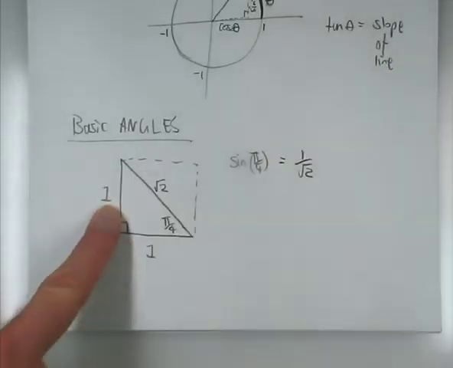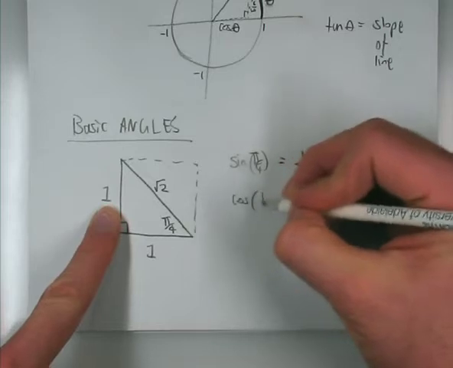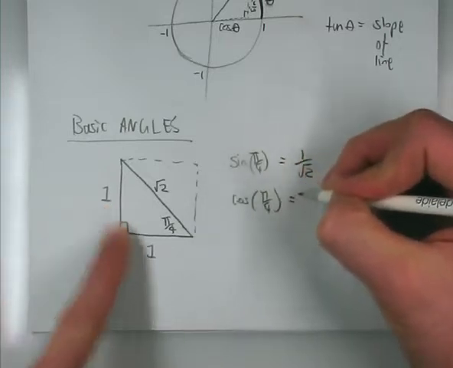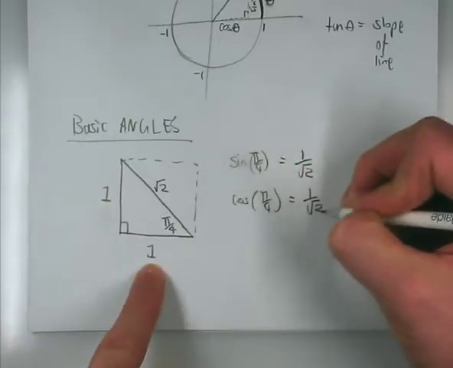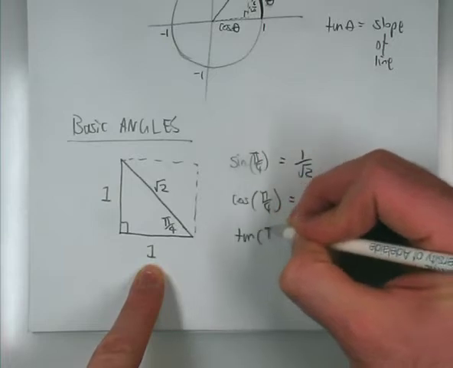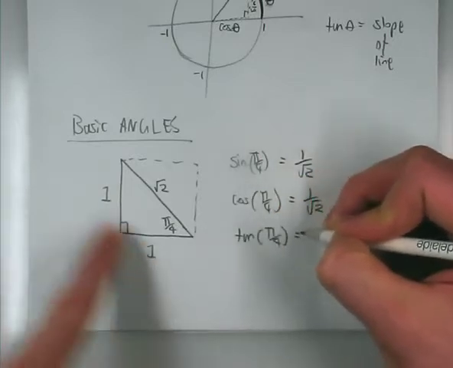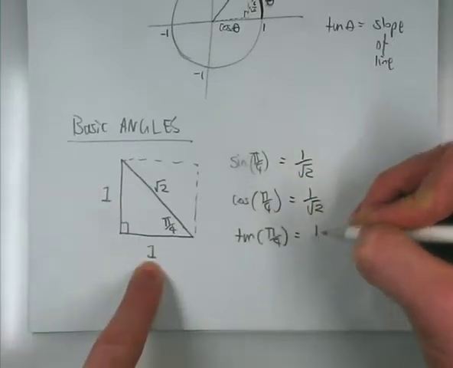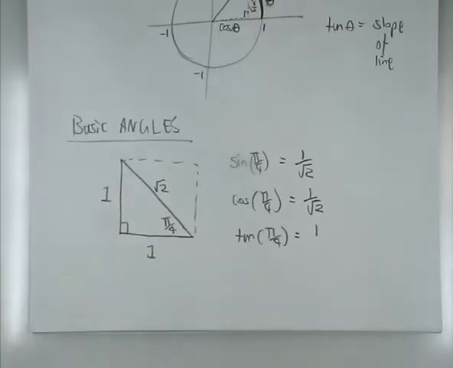Cos of pi on 4 is adjacent over hypotenuse, and tan of pi on 4 is opposite over adjacent, which is 1. That's how I remember them.